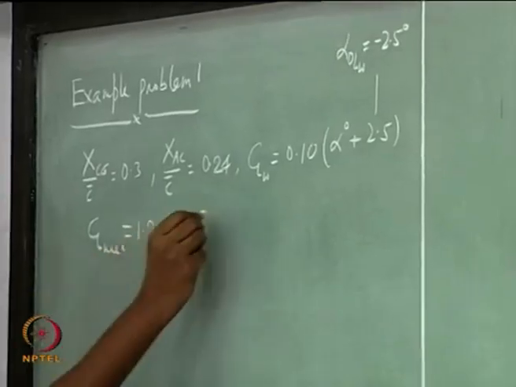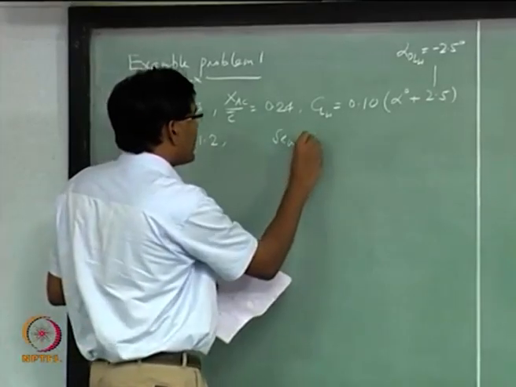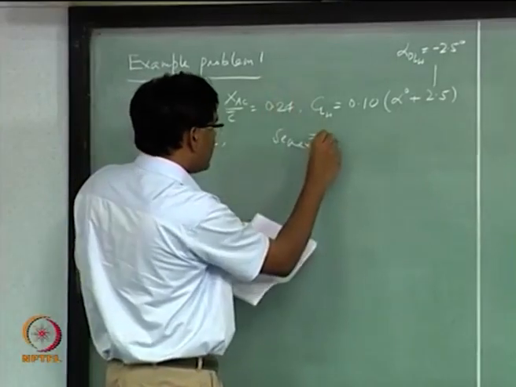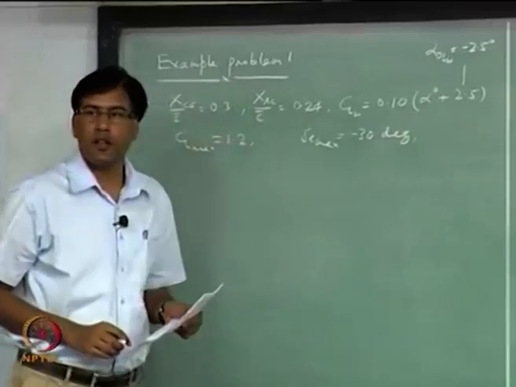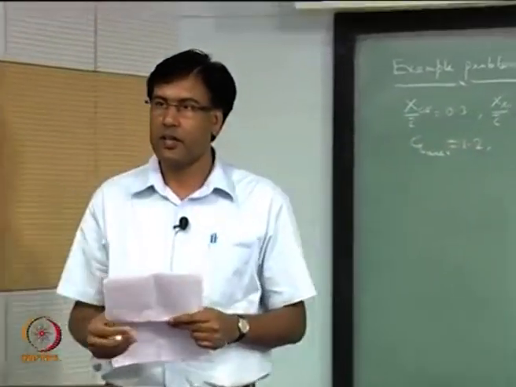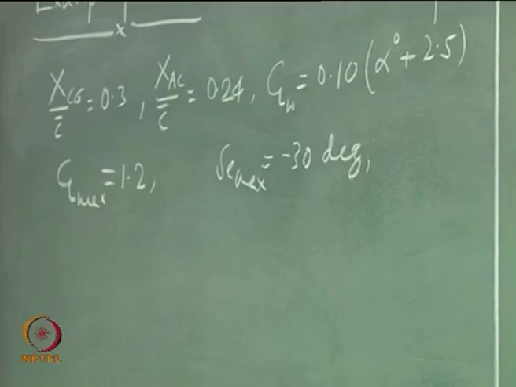So, delta E max is given as minus 30 degrees, right. Everybody is getting what I am saying.